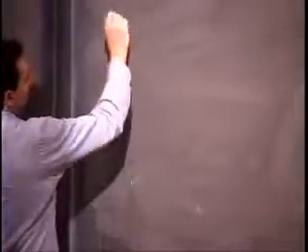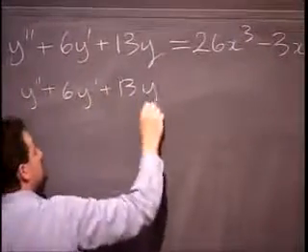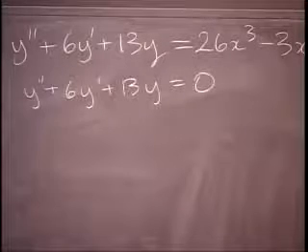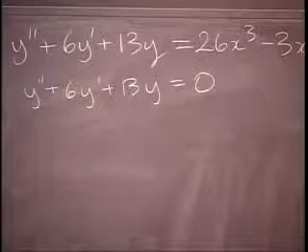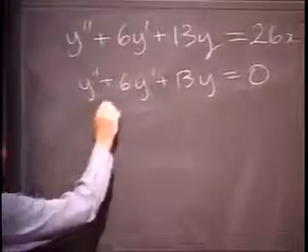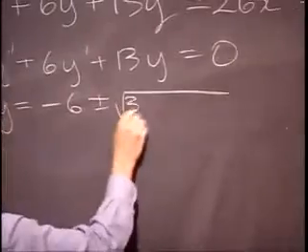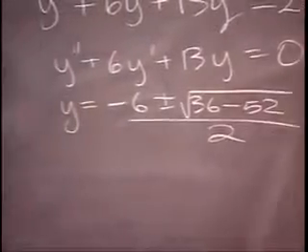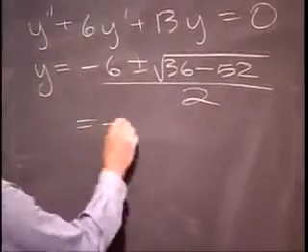So we start off exactly as we would: ignore the initial values, ignore the right-hand side, and form the homogeneous equation. y double prime plus 6y prime plus 13y equals 0. Okay, this is actually not so easy now that I think about it, but we have 10 minutes and we're just going to do it. This has solution y equals minus b plus or minus the square root of b squared minus 4ac. 36 minus 52 is minus 16.